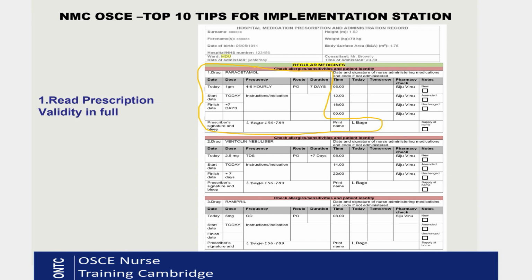Date is today, dose is 1 gram, frequency is 4 to 6 hourly, route is oral, duration is 7 days, start date today, finish date plus 7 days, prescribed by Albate 156789. If there were any instructions or indication, I will read that, and then the signature of the person is Albate, the print name is Albate as well. So this is obviously a complete valid prescription, okay.